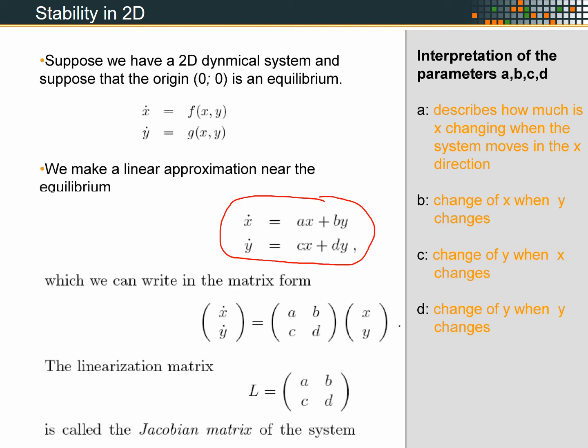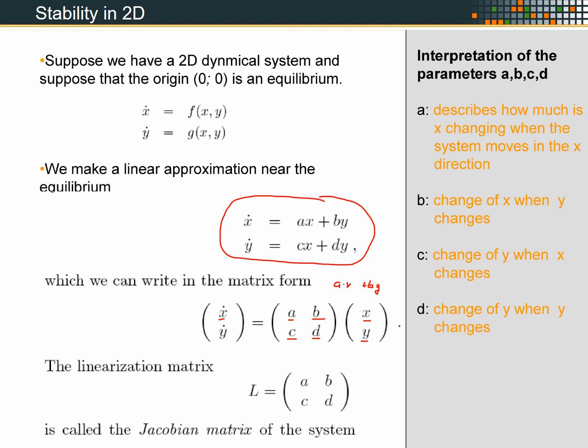We do this by making the hypothesis that we can write it this way: x dot is computed by a times x plus b times y, and c times x plus d times y. Well, seems to work, right?